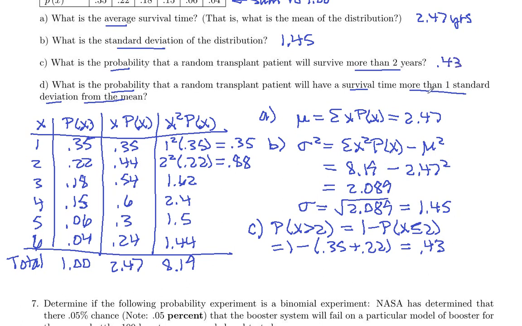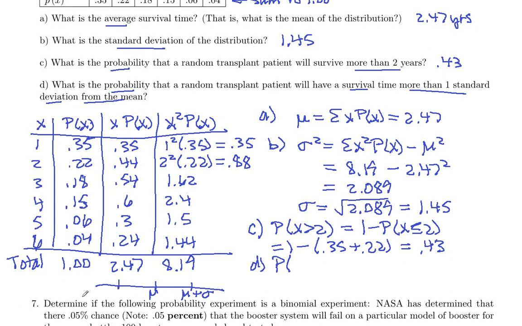And then more than one standard deviation from the mean. So part D, this is asking what's the probability that your x value here in the middle is more than one standard deviation from the mean, mu. So let me draw a picture here. So we've got our mean in the middle here. If you add one standard deviation, you've got mu plus sigma.